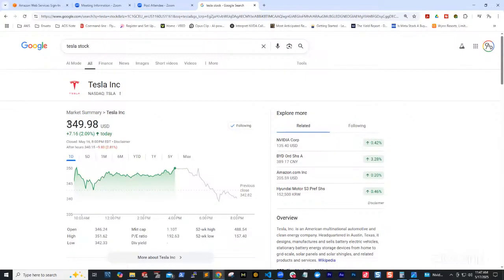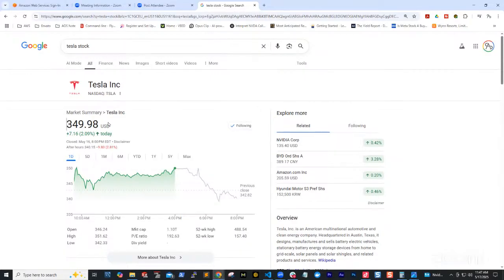Whatever price you're seeing here at the time you are trying to buy, that's what it's going to cost you. So let's say you bought one share of Tesla today and it either went up or went down and you sold it today or tomorrow. That is considered day trading. You understand? So that's just what day trading is.